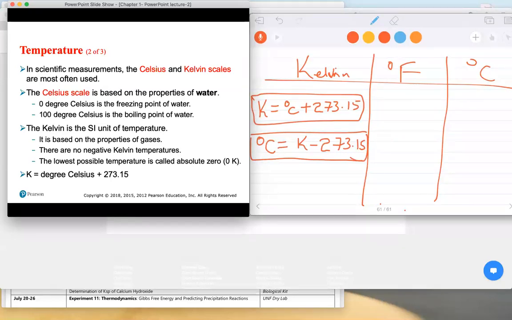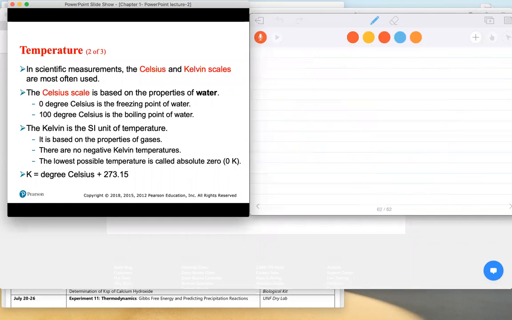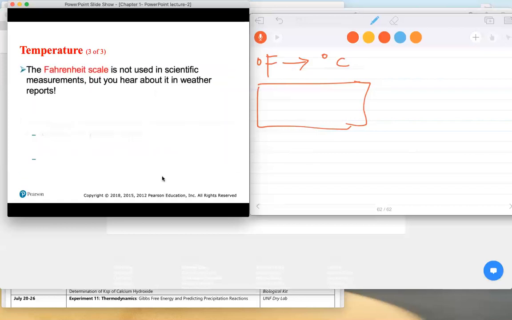Now, to change between degrees Celsius and Fahrenheit, you use 1.8, or sometimes we use 9 over 5.